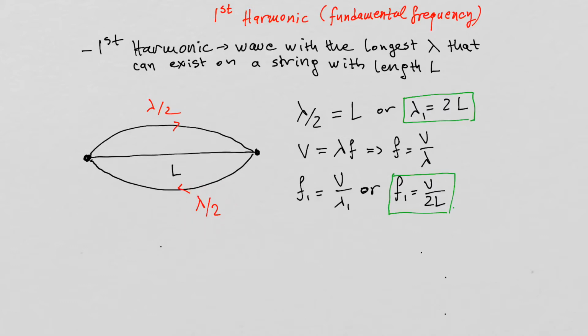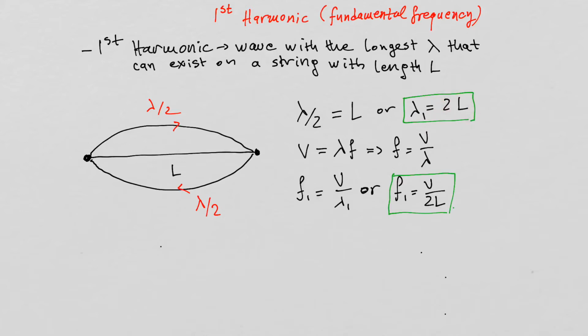So over the entire length of the string, we can fit two branches of the wave, each with length lambda over 2. So then that means that for each lambda over 2, I can match the length of the string L, and from here I can express the wavelength of the fundamental wave, of the longest wave possible, of the first harmonic, lambda 1, and that would be equal to twice the length of the string.